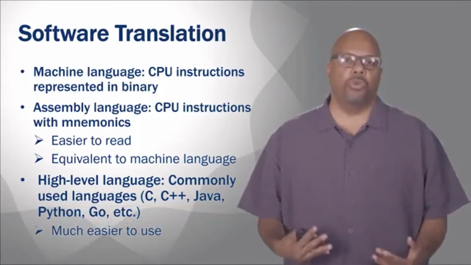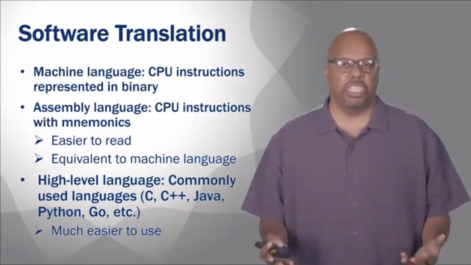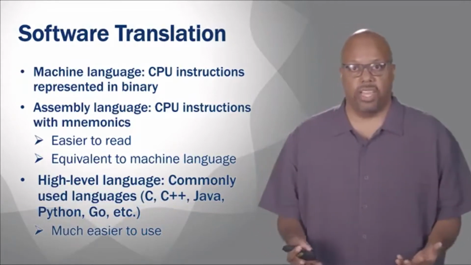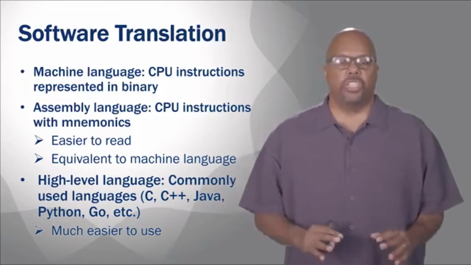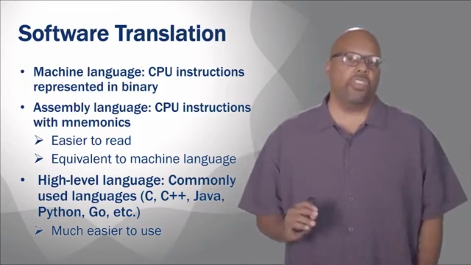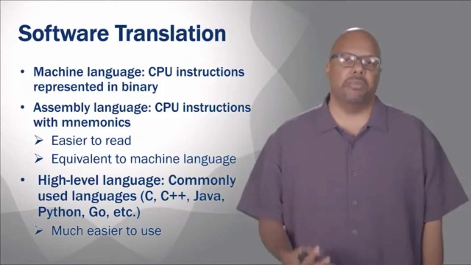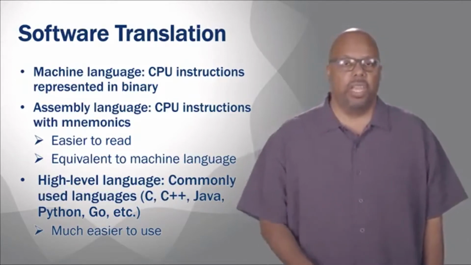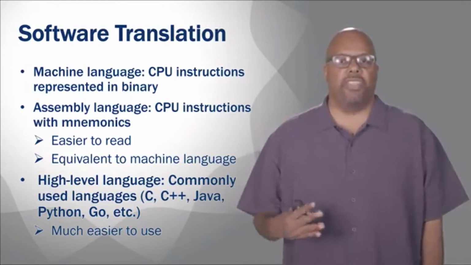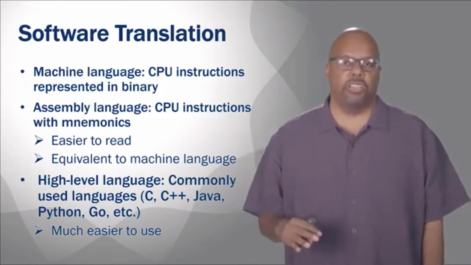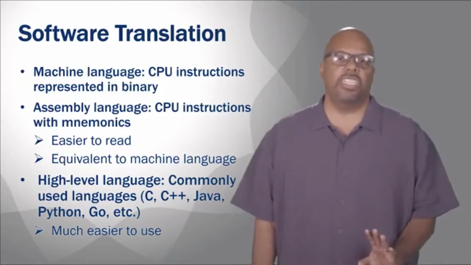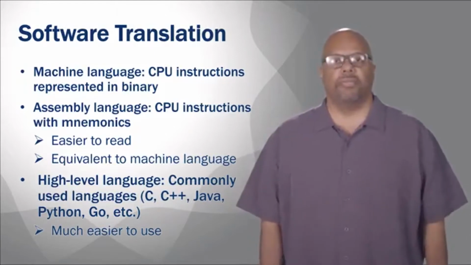All it knows is its own machine language, say x86 machine language if it's an Intel-based processor, right? Or an AMD or something like that. So it knows that machine language. So in order for the code to execute on the processor, it has to be first translated into the machine language of the processor. So even if it's C, Python, Java, whatever it is, it has to be translated. So there is this software translation step that has to go on.